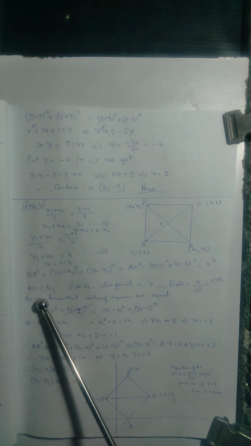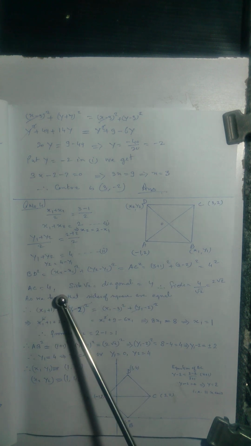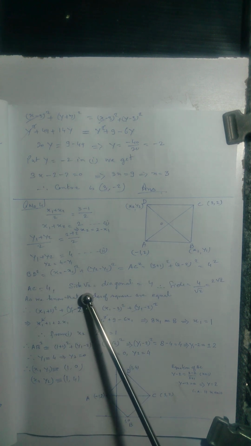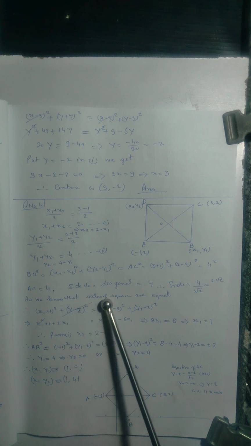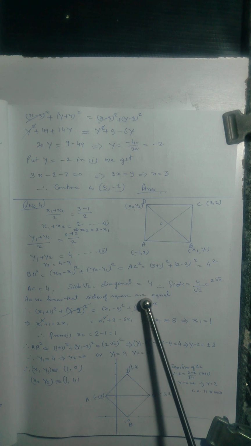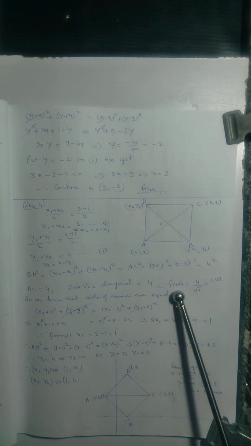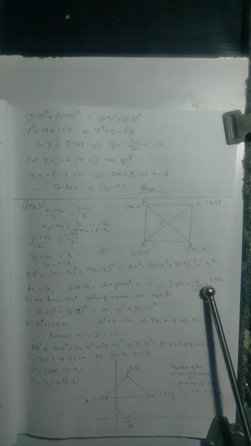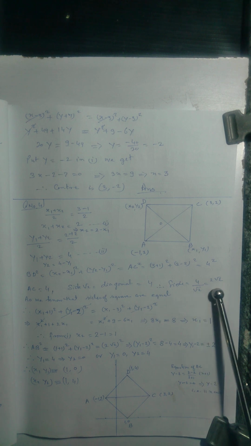Hence AC is equal to 4. The side into root 2 is equal to the diagonal, and that is equal to 4. Therefore the side will be equal to 4 divided by root 2, and it will be equal to 2 root 2.